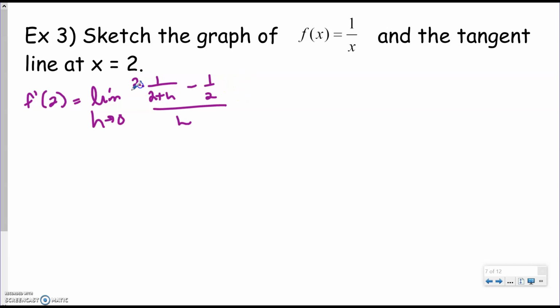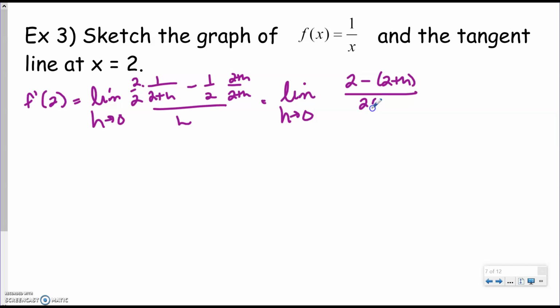I need to multiply by 2 over 2 in the first fraction and 2 plus h over 2 plus h in the second fraction to get the limit as h approaches 0 of 2 minus 2 plus h over 2 times 2 plus h, times 1 over h.